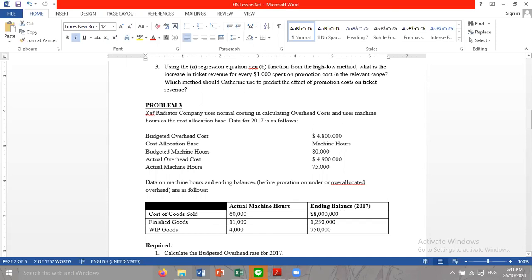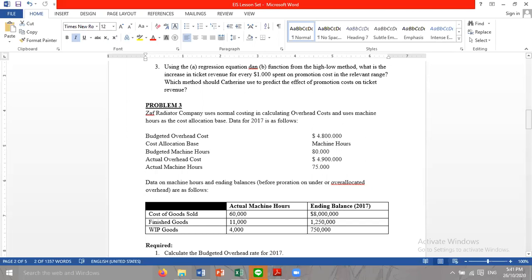Now, job costing has theoretically two different methods, which are normal costing and actual costing. So what's the difference? Well, as mentioned before, there are two different types of costs, right? Direct and indirect costs. Now, in normal costing, we estimate indirect costs.